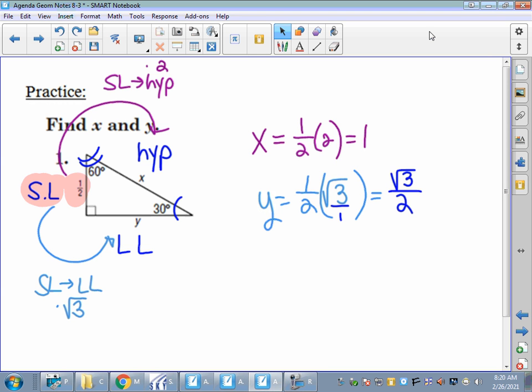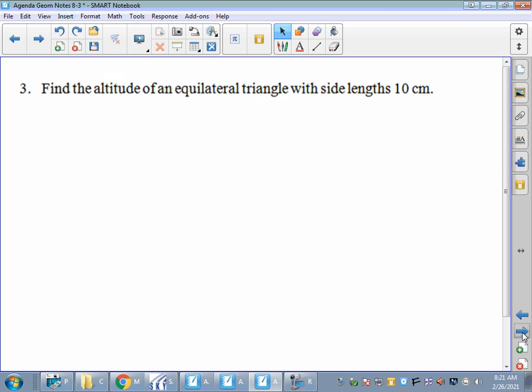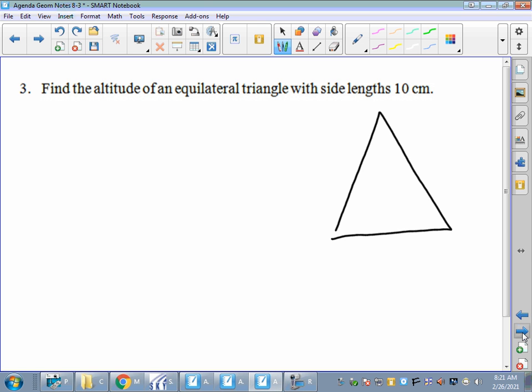So let's go to number 3. Find the altitude of an equilateral triangle with side lengths of 10. So of course, you are going to joyfully draw your best equilateral triangle, and even if it's horrible, mark all 3 sides as congruent.